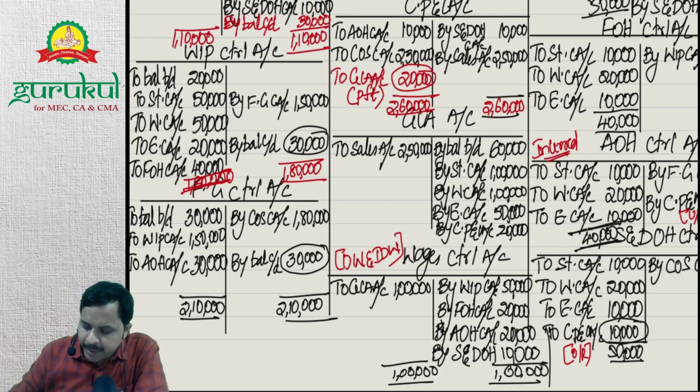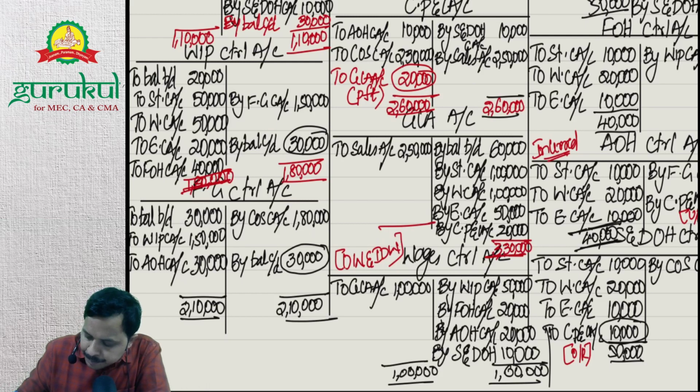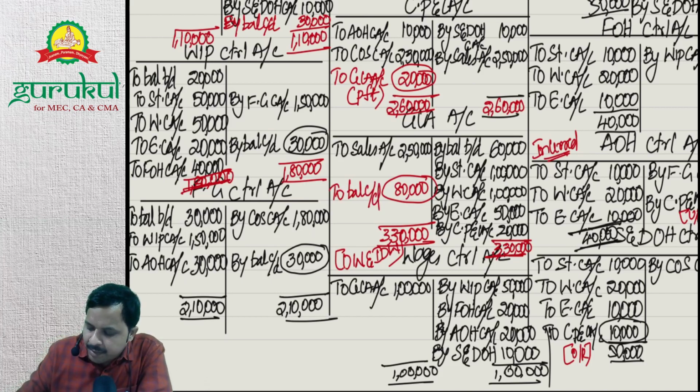Now let me make the total of GL account. 3,30,000. Now the balance amount is 80,000, balance carried down. Just like that, in GLA we have an opening balance.